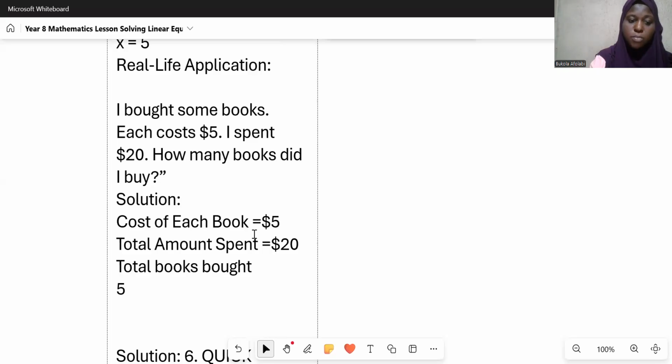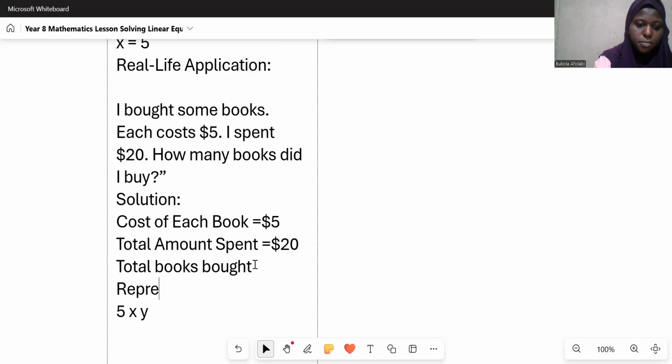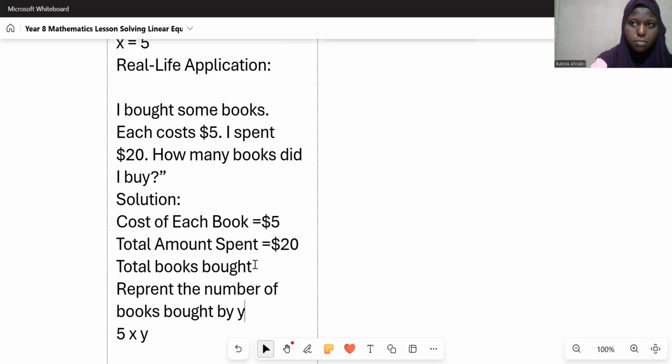Let's represent the number of books bought by Y. So we have 5 multiplied by Y equals 20. We have 5Y equals 20.